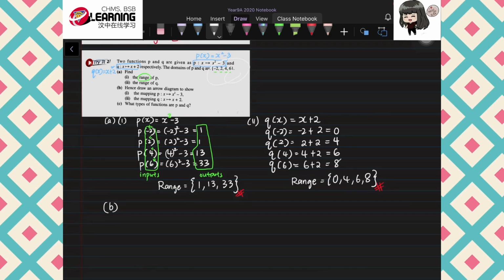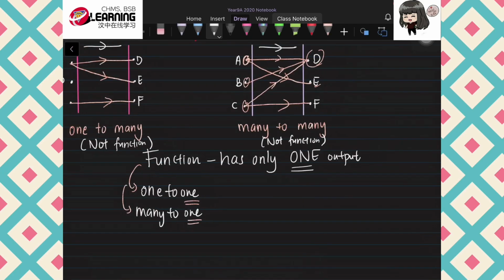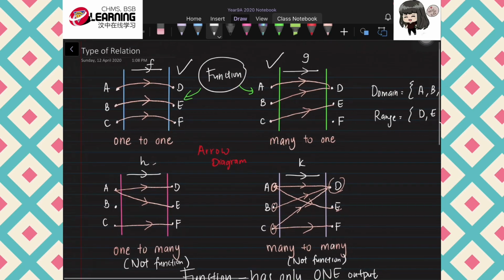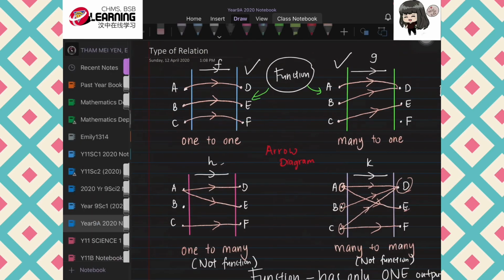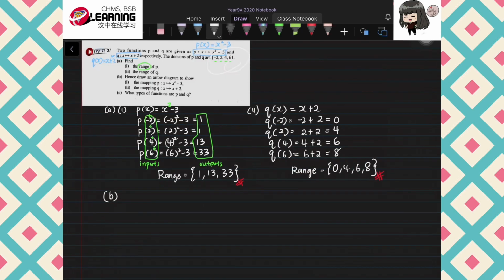Okay, part B. Hence, draw an arrow diagram. An arrow diagram is like what I draw here, like this. These are called arrow diagrams.